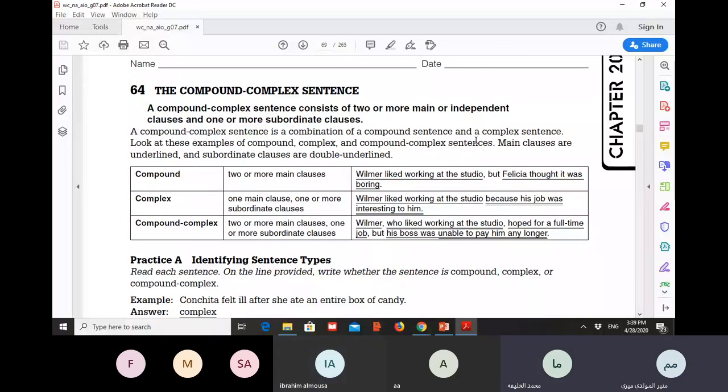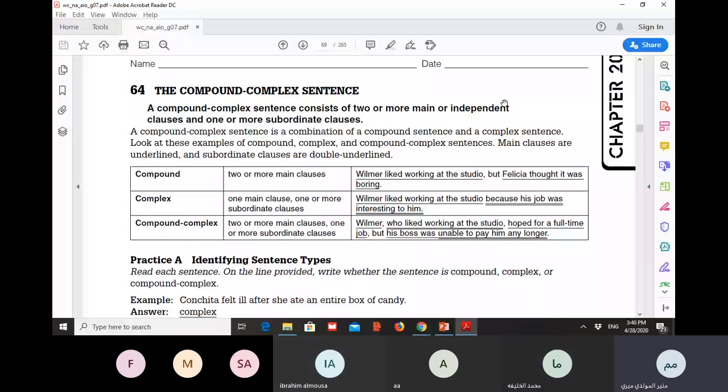In a complex sentence, there is a main clause and a subordinate clause, and always the subordinate clause is introduced by a subordinating conjunction. The subordinate clause cannot stand by itself. Let's have a look here.